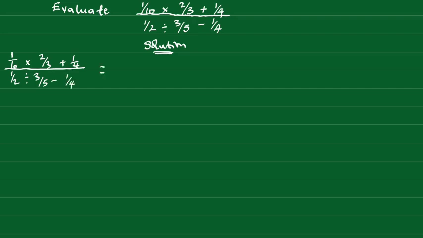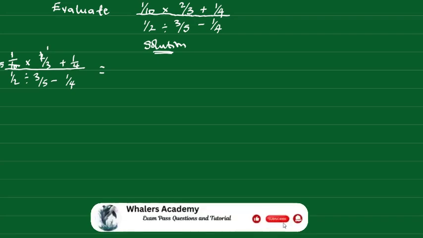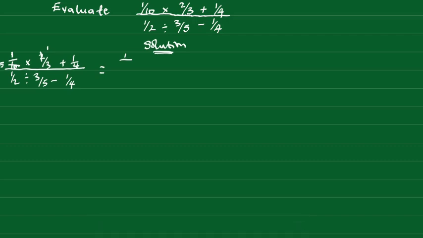Now at our numerator, we have 1/10 times 2/3. What we'll do here is cancel 2 into 10; 2 into 10 gives us 5. So at our numerator we end up having 1 times 1, that's 1, over 5 times 3 gives us 15, plus 1/4.